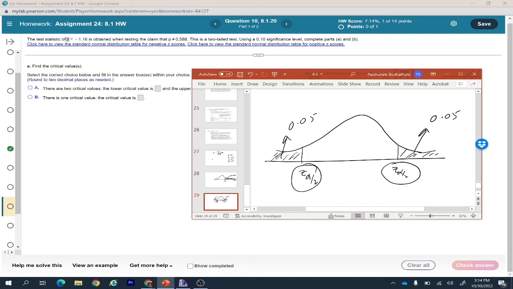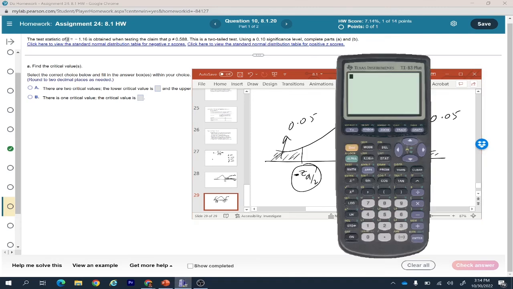This one is negative because it's on the left side, and this one is positive. So how do you find this z-score, the critical value? We can use a calculator. We can go to second variables, and then use inverse normal, which takes the area under the curve, 0.05, and gives the z-score such that to the left of that z-score the area is 0.05.